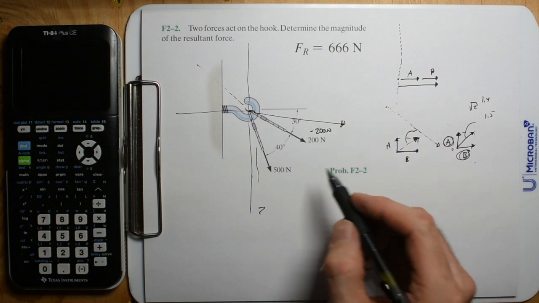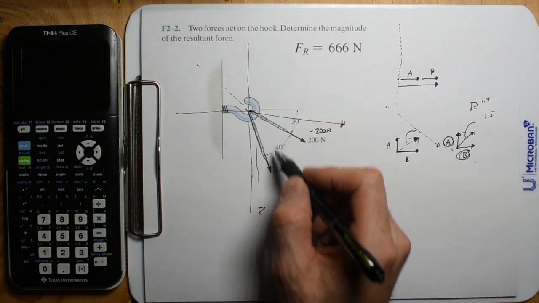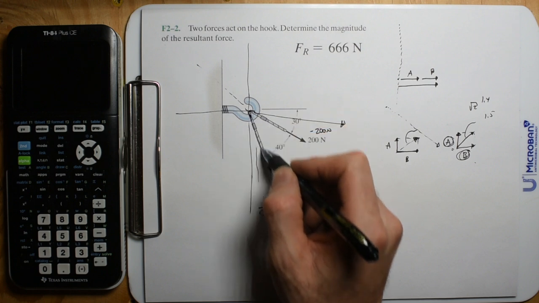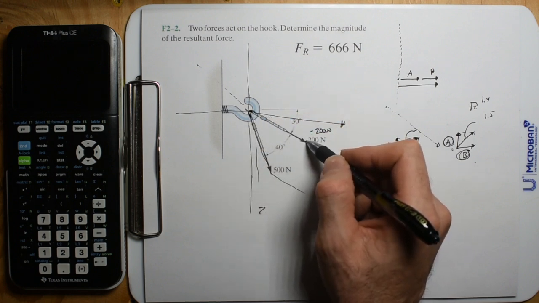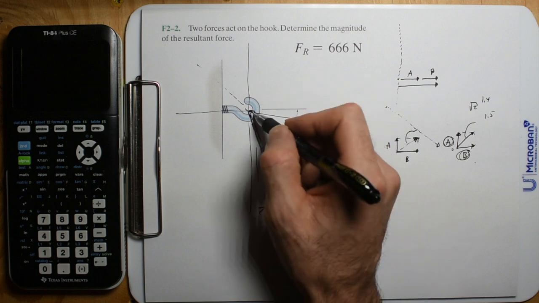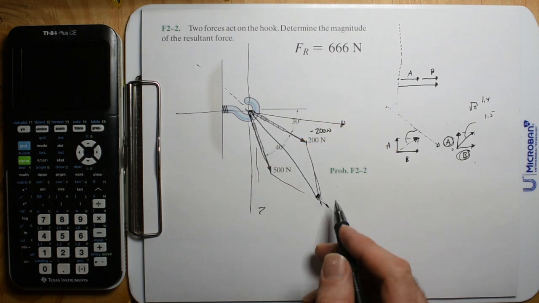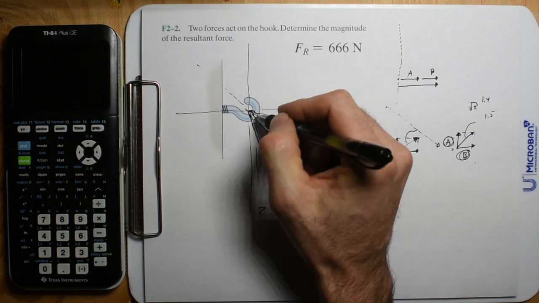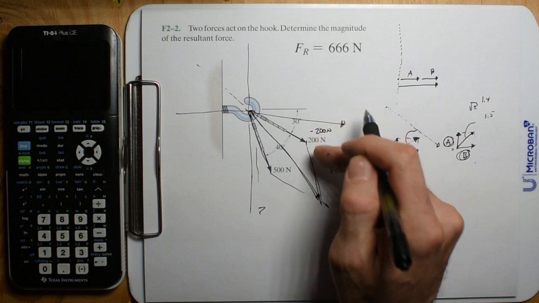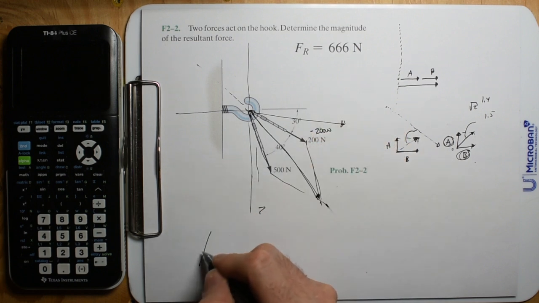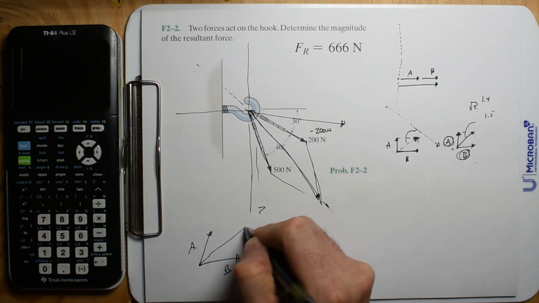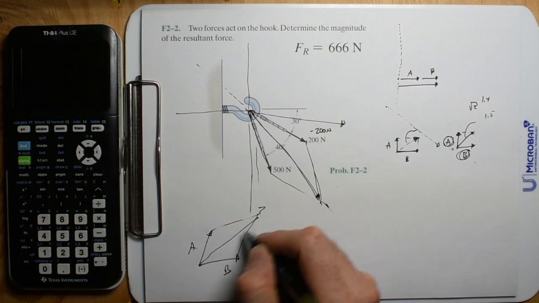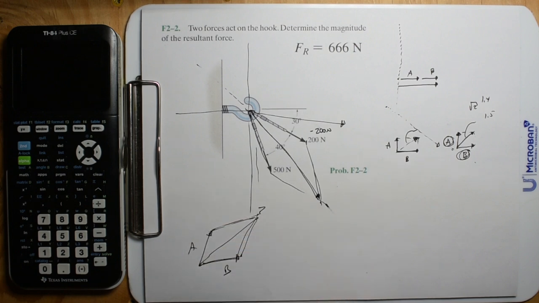The parallelogram method basically says that if we add this to this, we would be going this direction and then that direction, or we'd be adding this and then that, and we would have a resultant that would be in between these. So that's one graphical way to do it. You would have A plus B, and your resultant is going to be somewhere in between.